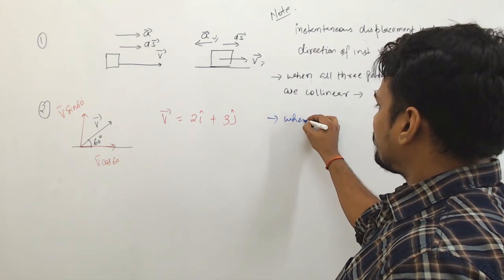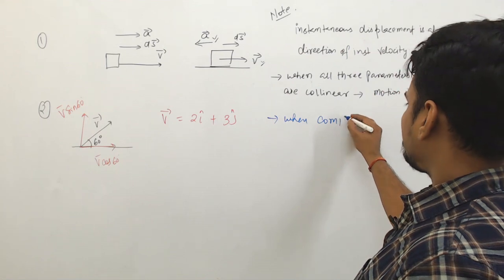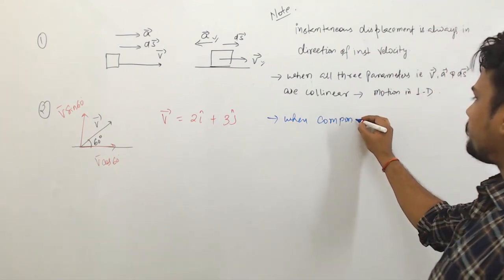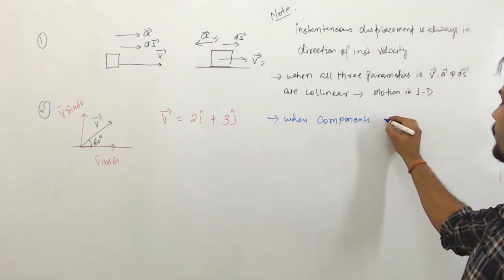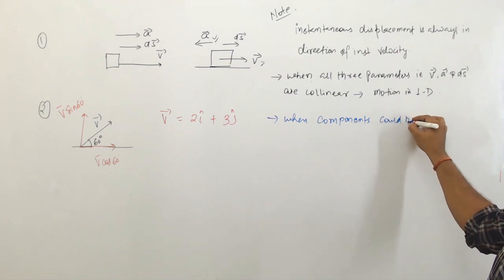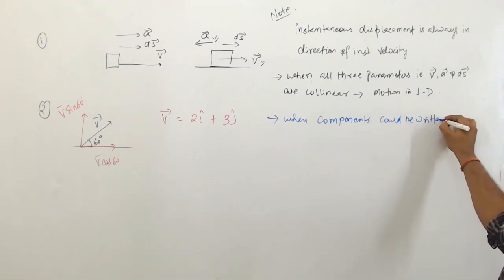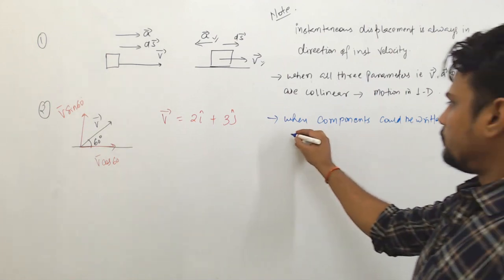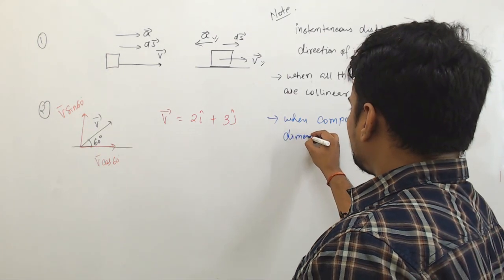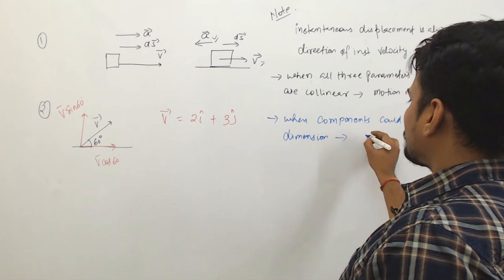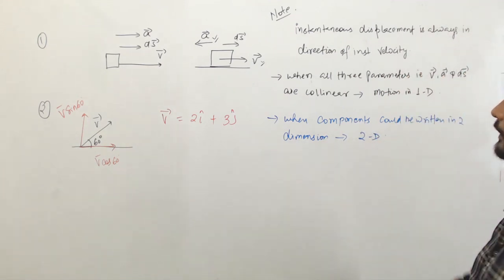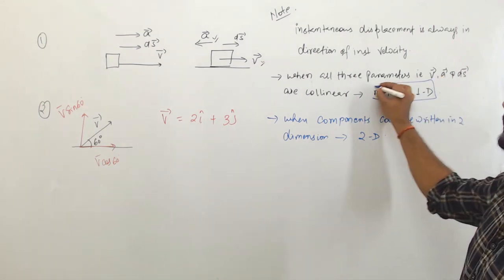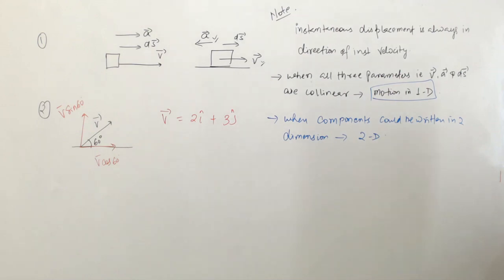So now we are going to be more focused on the motion in 1D. We will discuss this, and then we are going to move on to the motion in 2D.